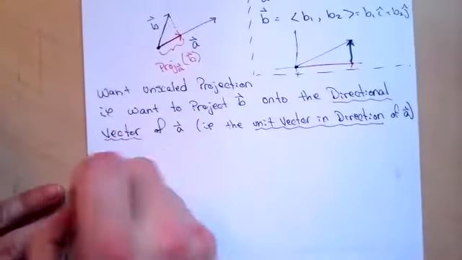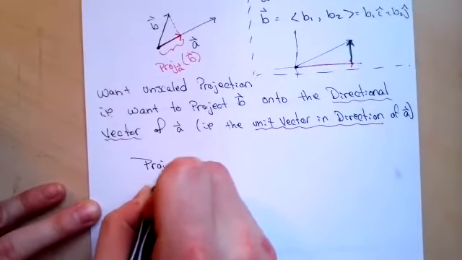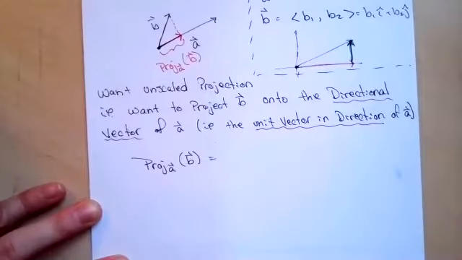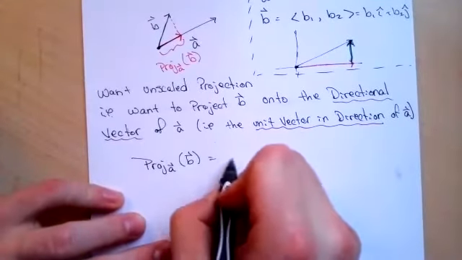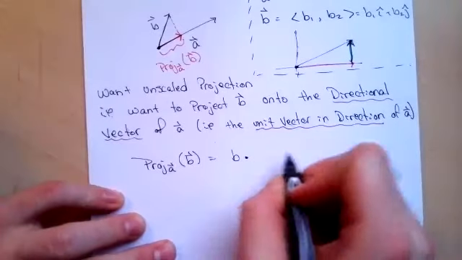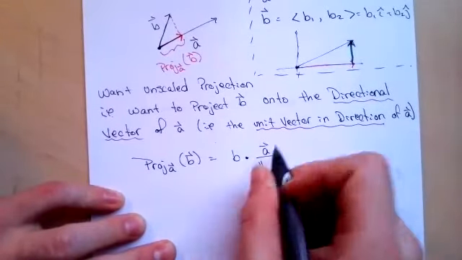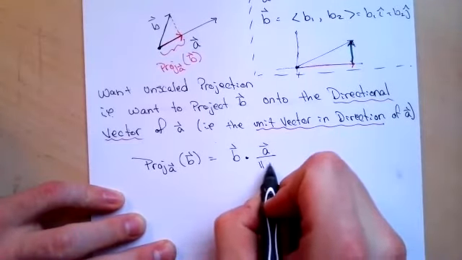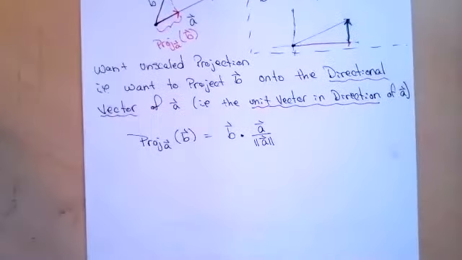So how do we do that? We are going to make our definition of the projection of B onto A the dot product B dot the unit vector of A. However, we're in a little bit of a problem.